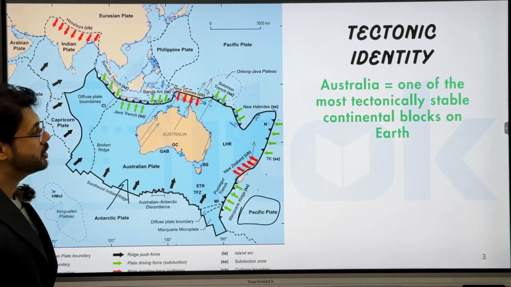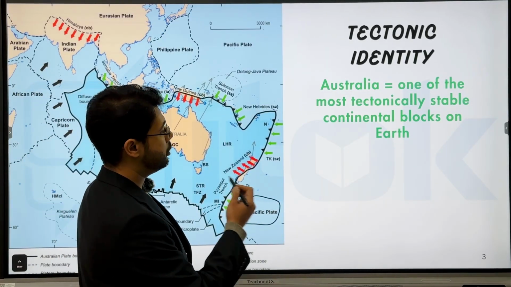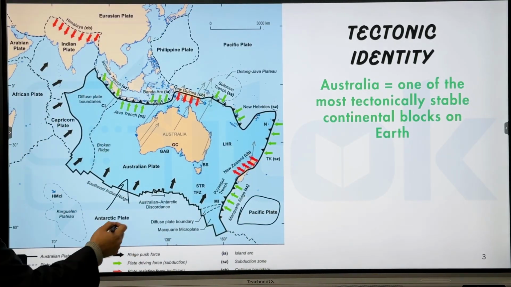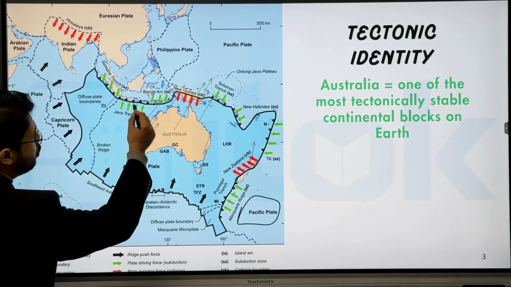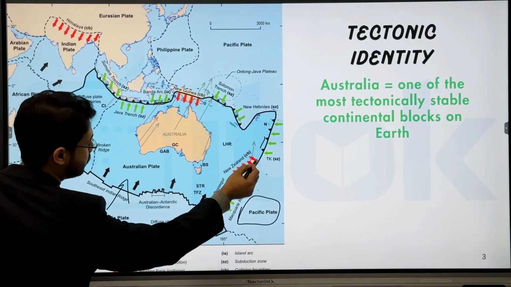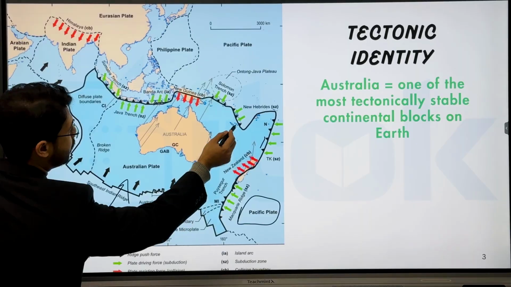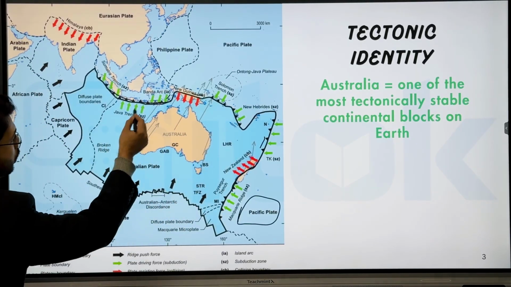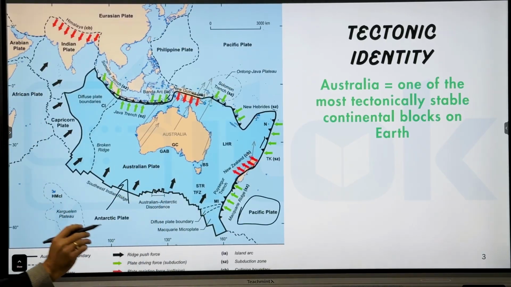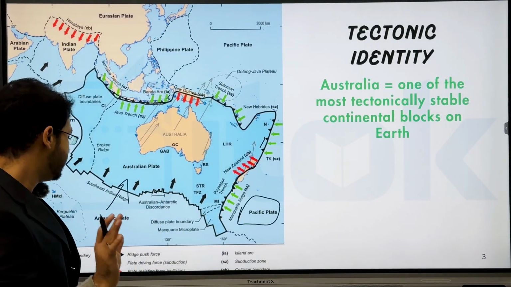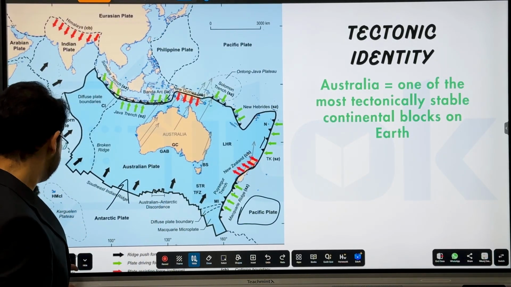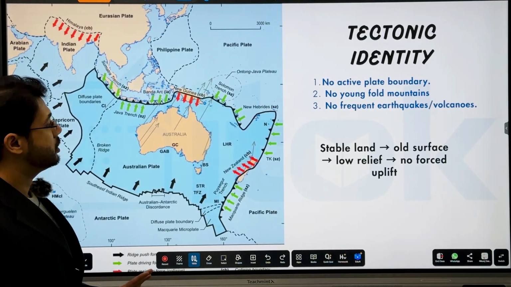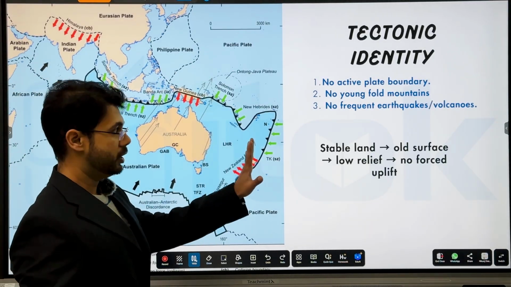This is one of the most technically stable continental blocks, because everything is happening around Australia, in New Zealand, over here in Southeast Asia, but nothing within Australia. So it is an extremely tectonically stable mass. That gives us that it has no active plate boundary, correct?